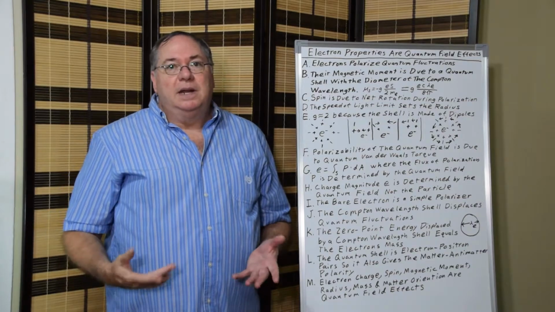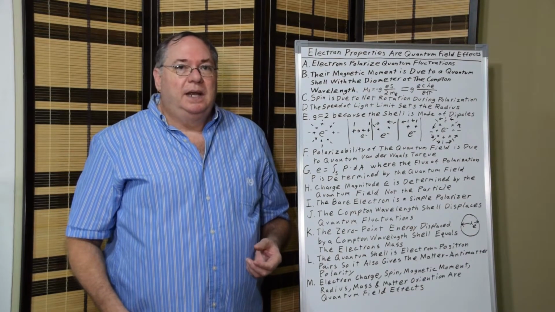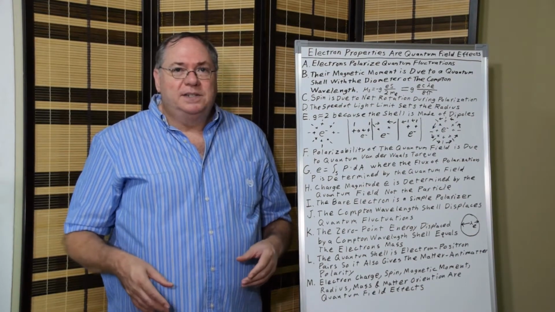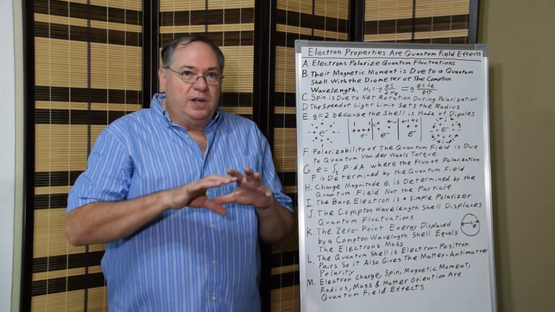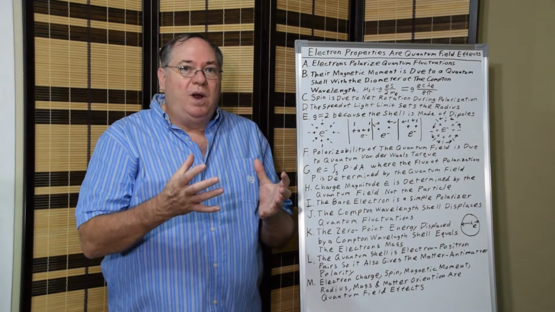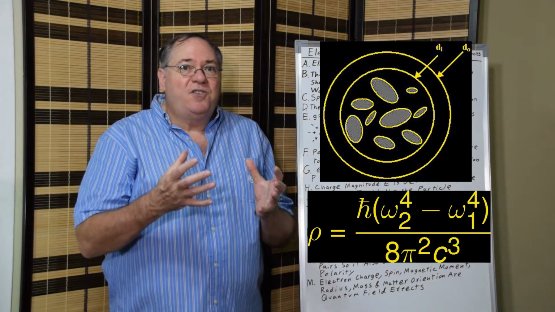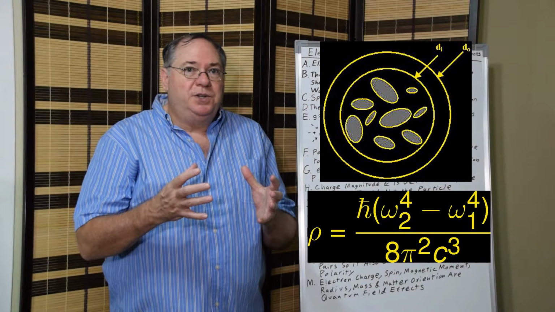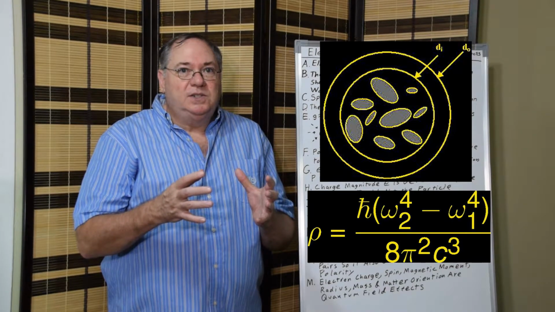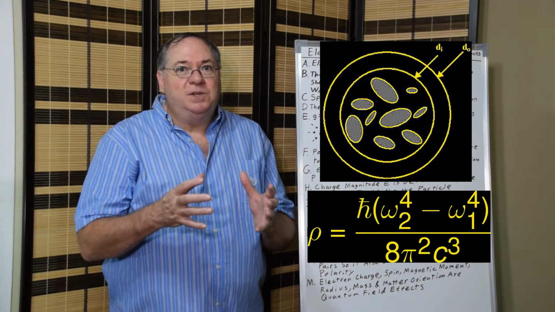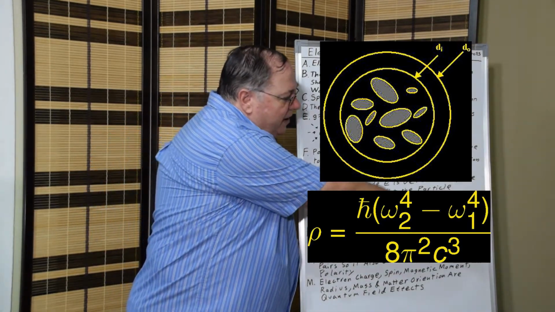Then the next property considers mass, and I've done a video on just this alone, I'll link below. If we consider that we have a shell of quantum fluctuations, that shell is going to eliminate quantum fluctuations that have a wavelength equal to the diameter of the shell.